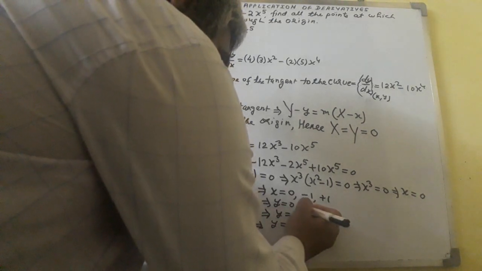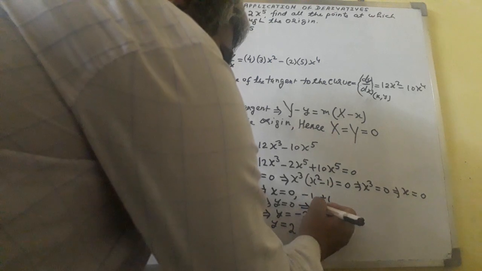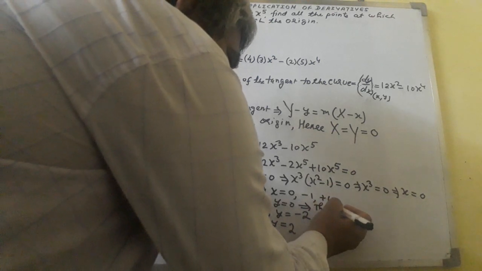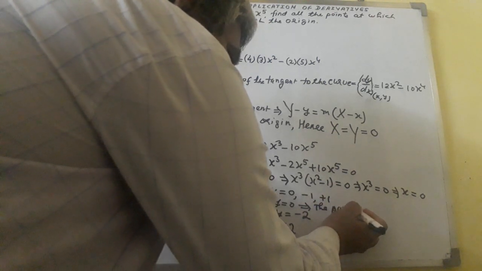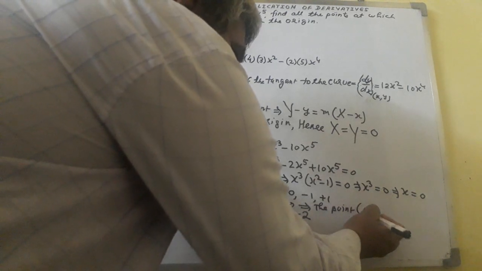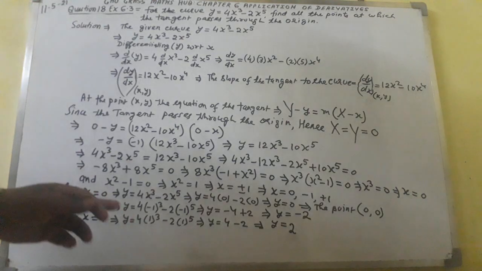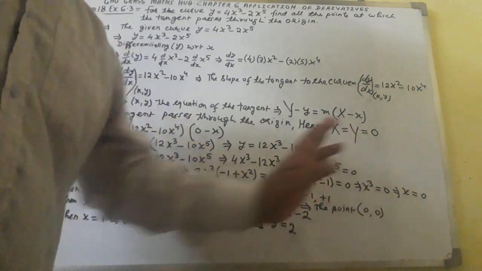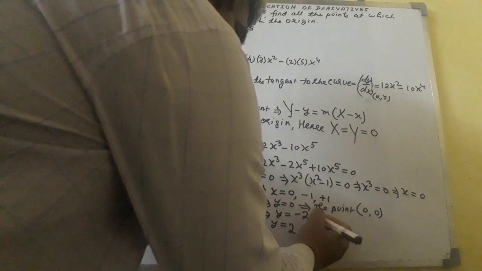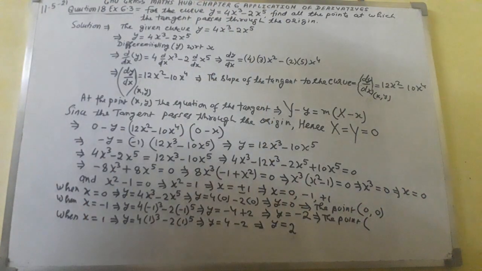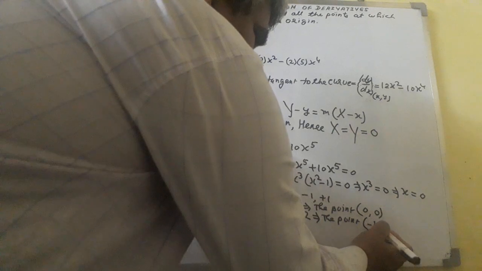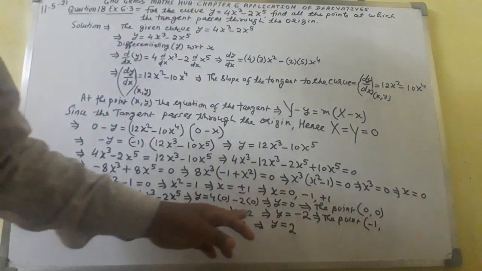So here I imply that the point is 0 comma 0. X equal to 0, y equal to 0, point 0 0. Here we shall get the point with abscissa minus 1, x equal to minus 1, y equal to minus 2.